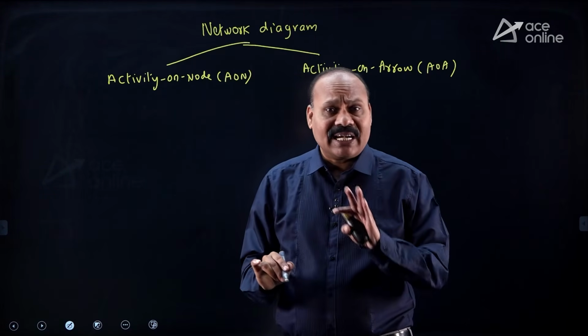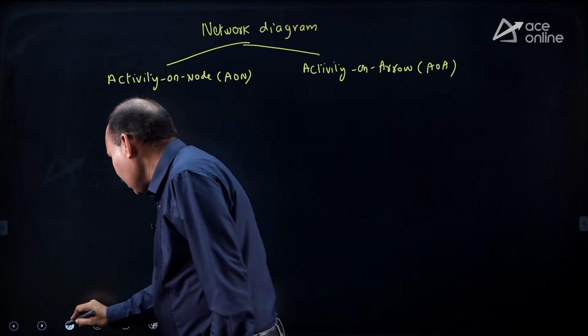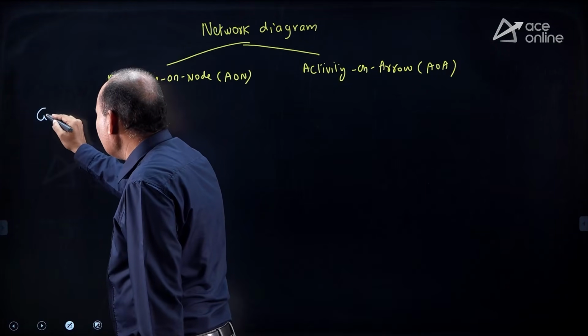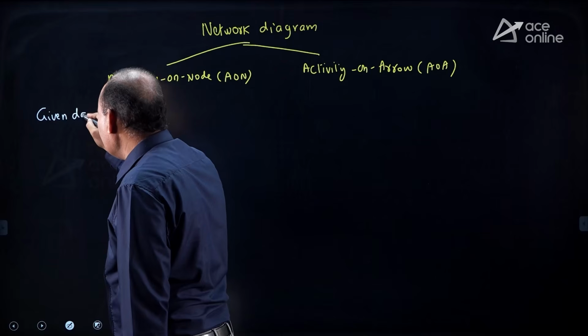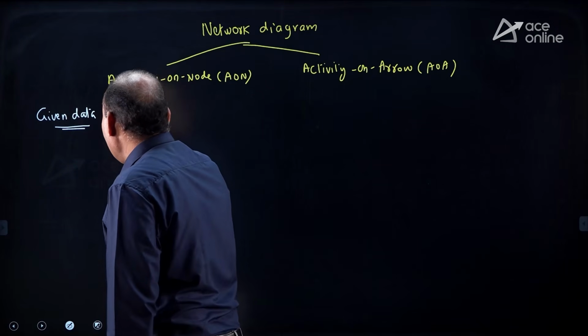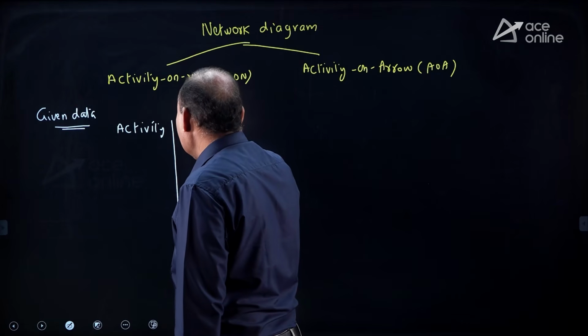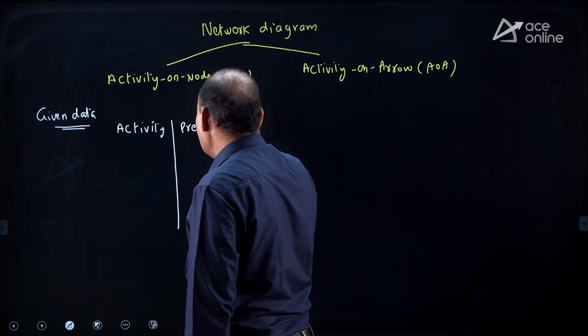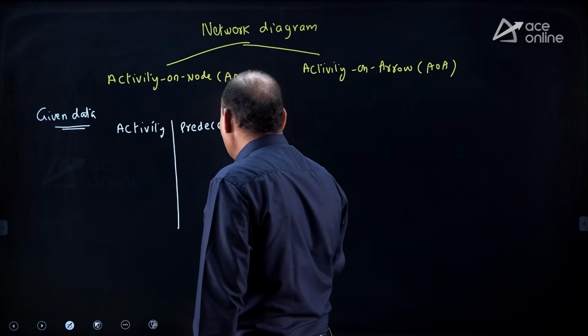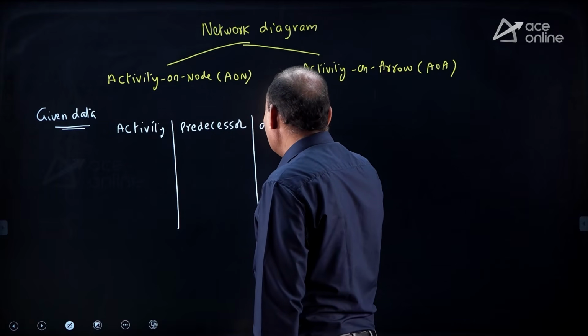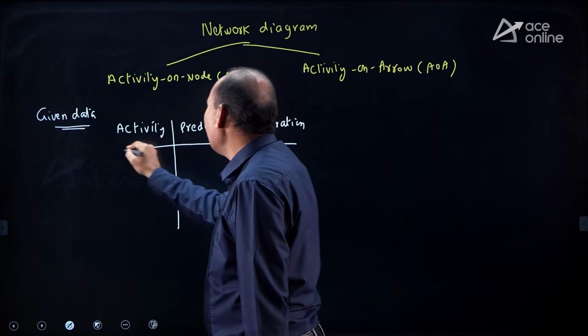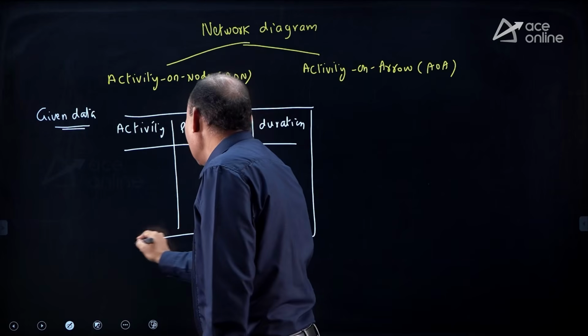When shall we use activity on node? Suppose the given data is activity, predecessor and duration.